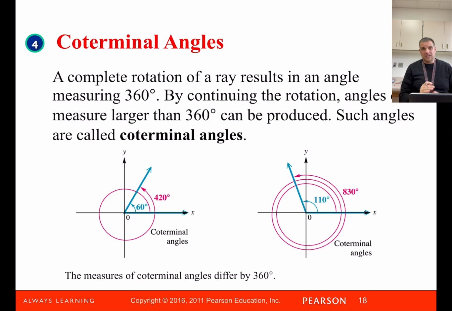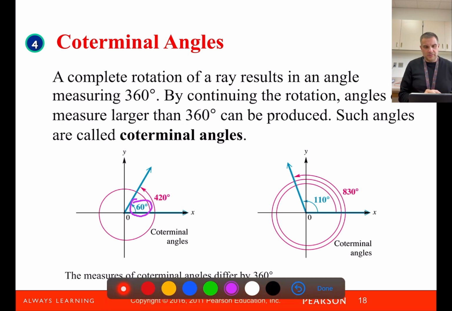In this case, they drew a 60-degree angle. So we've got a 60-degree angle sitting right there. And this slide is talking about coterminal angles, which are angles that have the same terminal side.